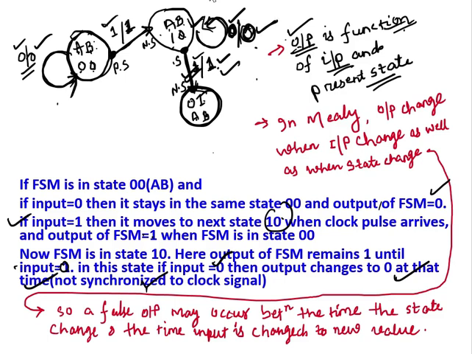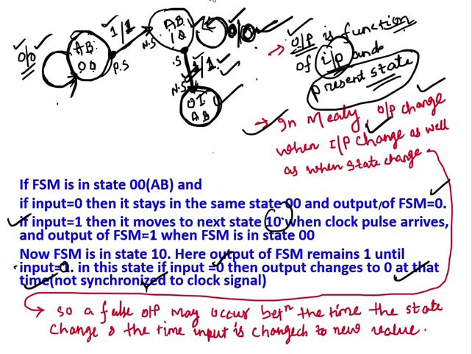This is one big disadvantage of the Mealy machine. In a Mealy machine, we know that output depends on the input and present state. That means output is a function of both input change and state change.